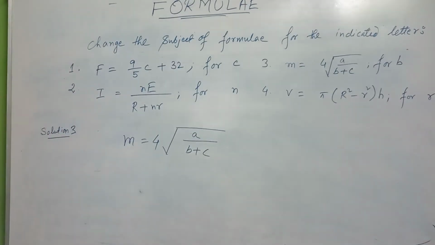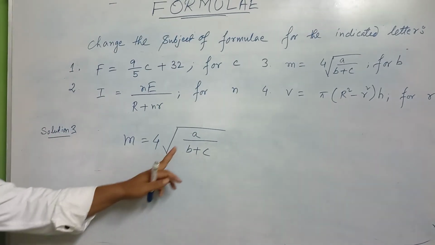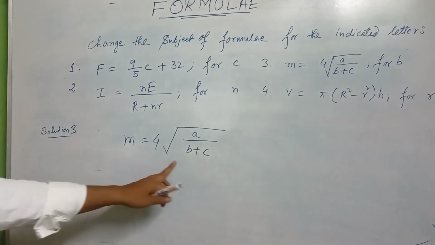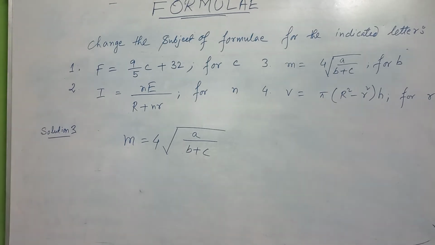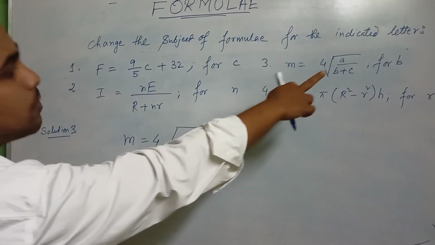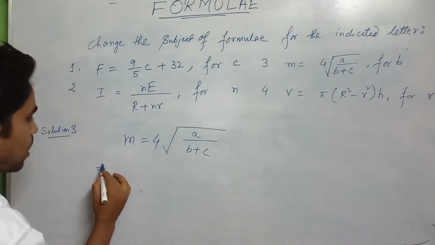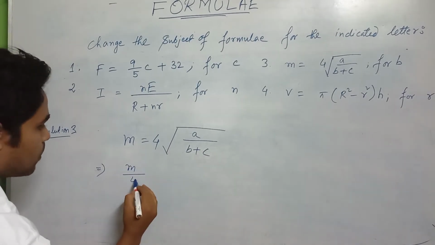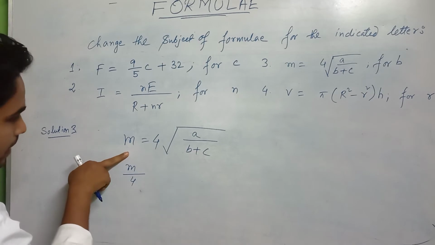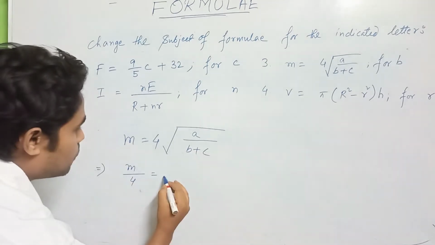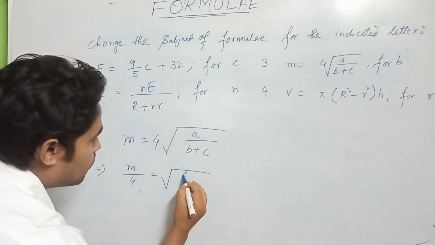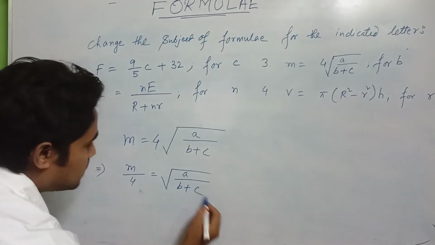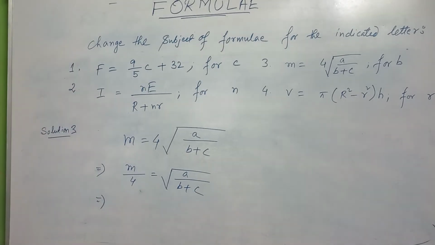Now our next question, m equal to 4a by root over a by b plus c. So we need to find out b. So how to do? M by 4, 4 is getting down under m, equal to root over a by b plus c, implies. Okay.